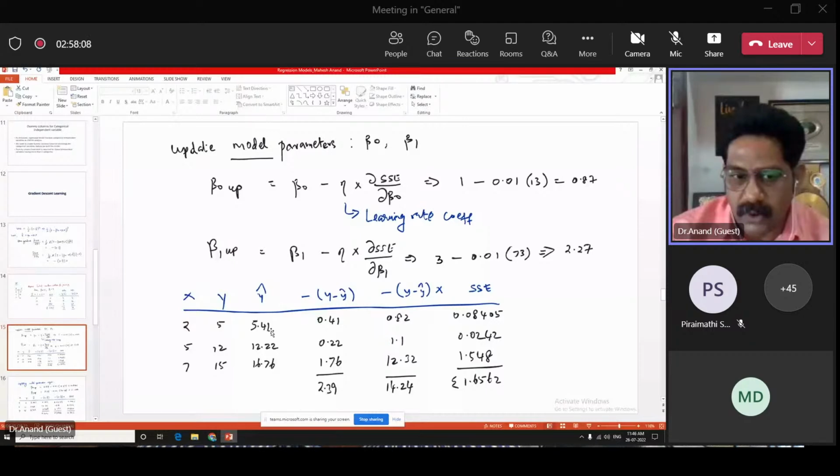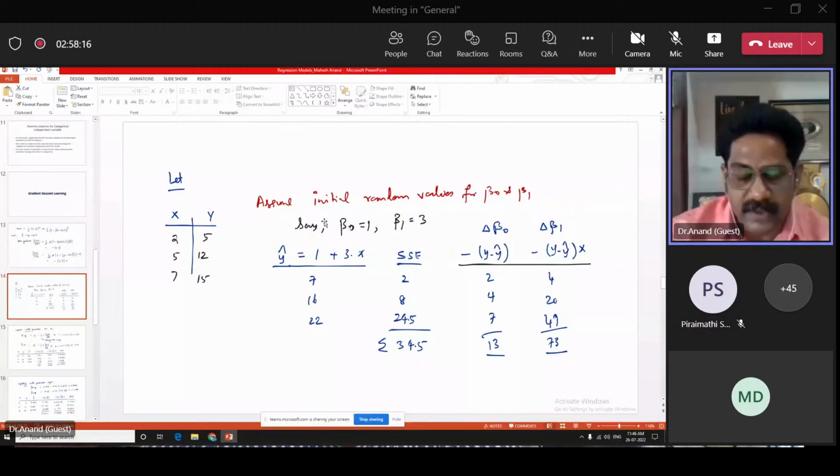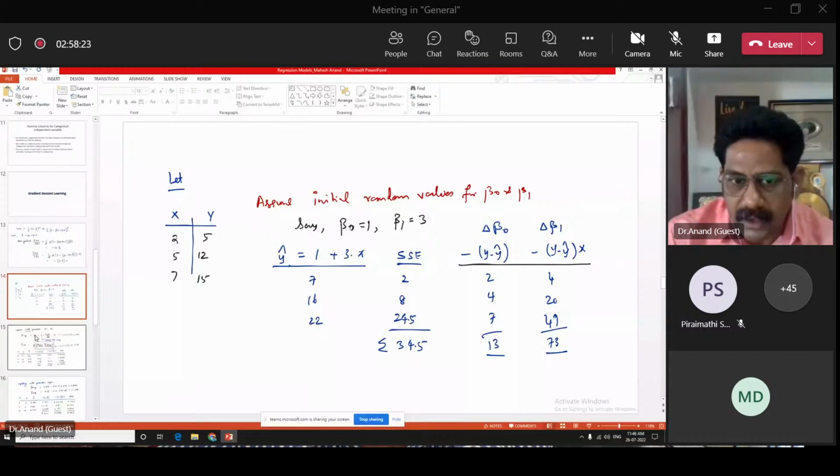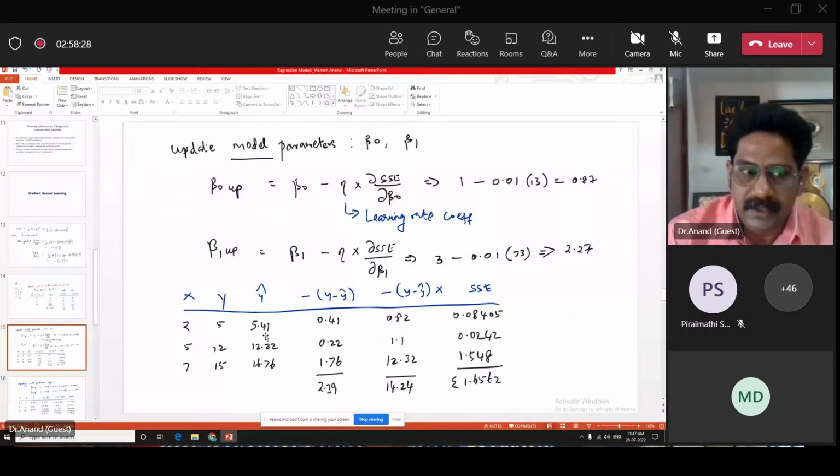Compare the predicted value with the random initialization. Actual y is 5, but the model predicted 7. What happened within one epoch, one iteration, even with one update? Earlier the model predicted 7. This time the model predicts 5.41, which is pretty close to 5.